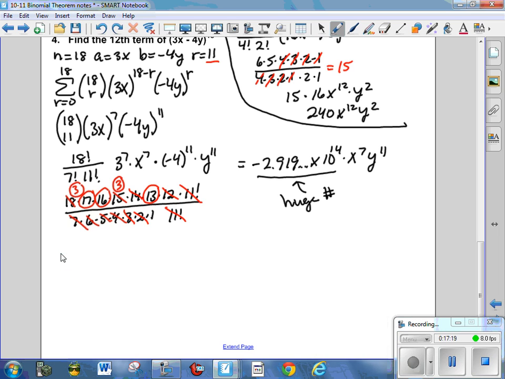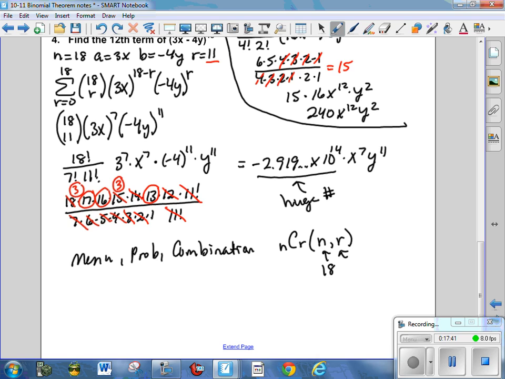If you go to menu, probability, combinations, something will pop up that looks like this, nCr, with parentheses, and what you're going to put in is the n, comma, and then the r. So if you do 18 here and 11 here, then you'll get this number here. So that's how you can do it on the calculator, but be able to do it by hand if I asked you to.